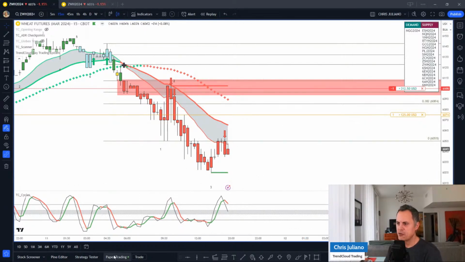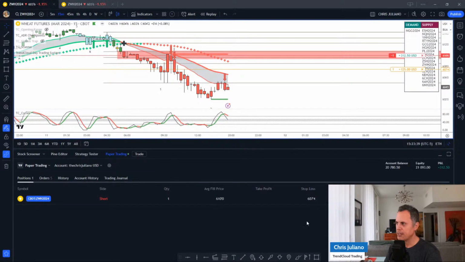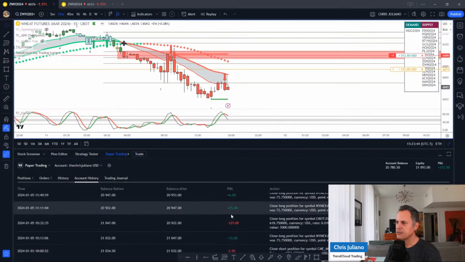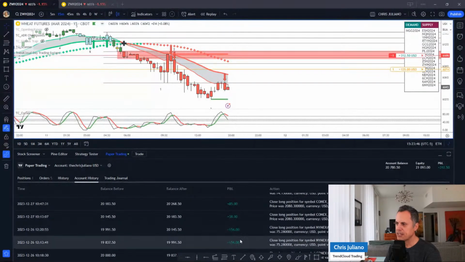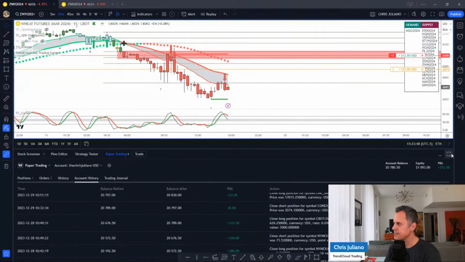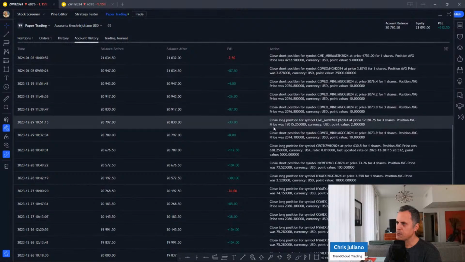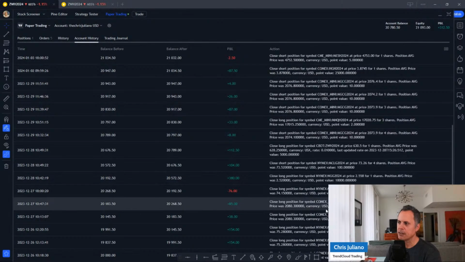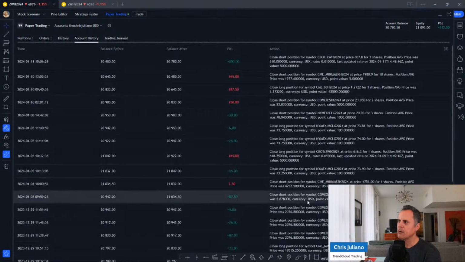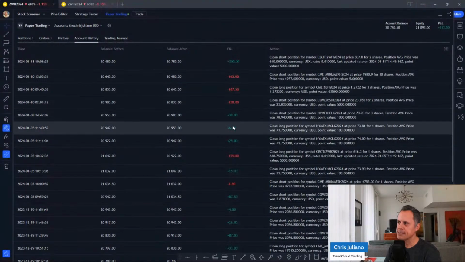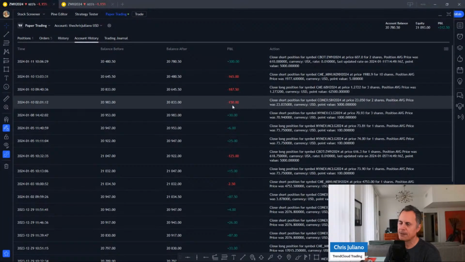Until your simulator looks like this and you're all in the green, let's go to the account history here. You see more green on here than red? Yeah. Took a few hits. This was actually a mistake right here.